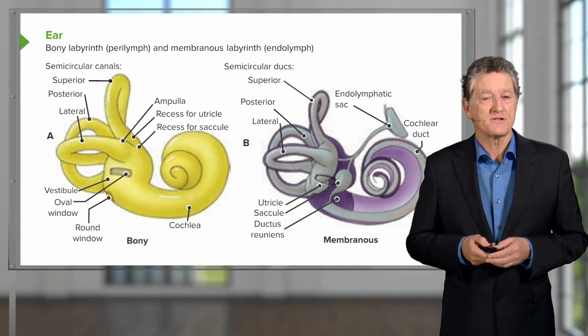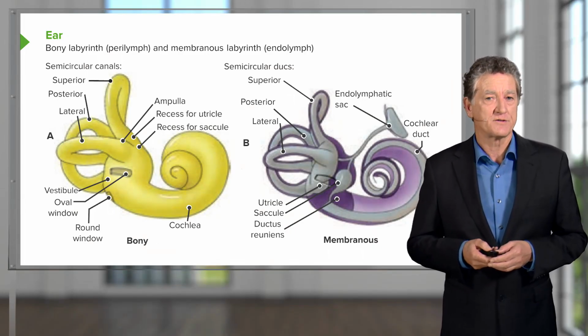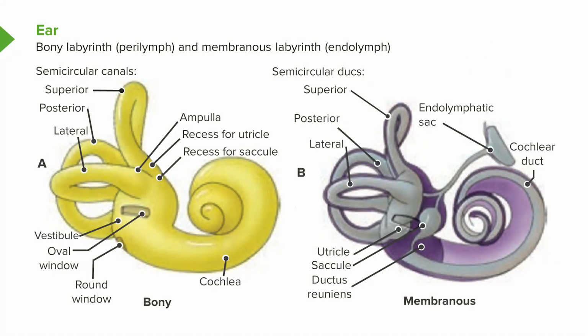Let's turn back to the bony labyrinth and let me point out a few anatomical components. First of all, you have the vestibule in the centre. You can see the oval window and the round window. That vestibule contains the recess for the utricle and the saccule.